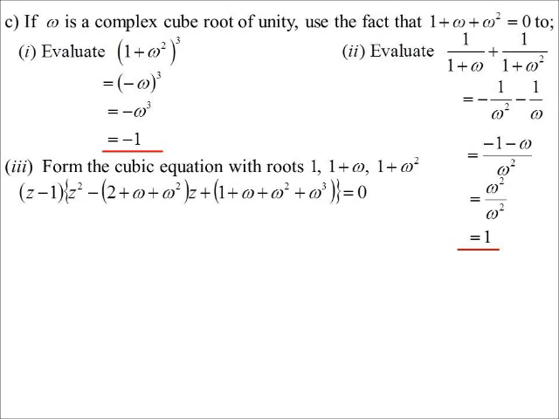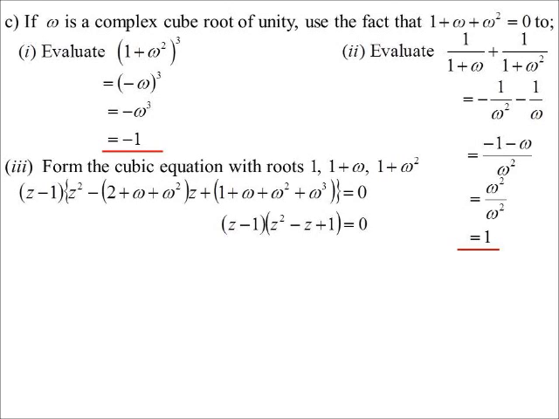And when I expand out the product (1 plus omega)(1 plus omega squared), I get 1 plus omega plus omega squared plus omega cubed. Hang on. 1 plus omega plus omega squared, I know what that is. That's 0. Omega cubed, I know what that is. That's 1. So therefore, I've got z squared minus z plus 1 equals 0. I said I could do it that way.